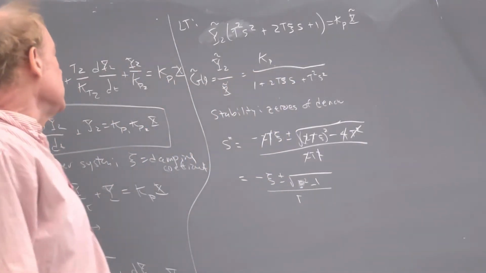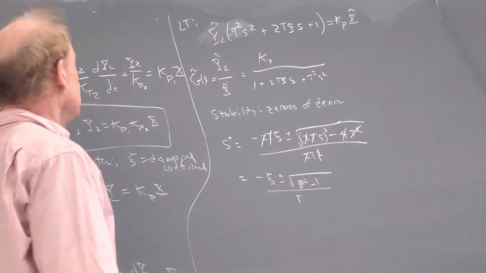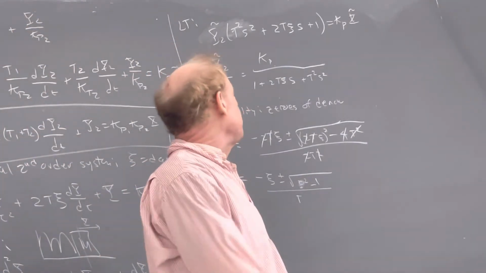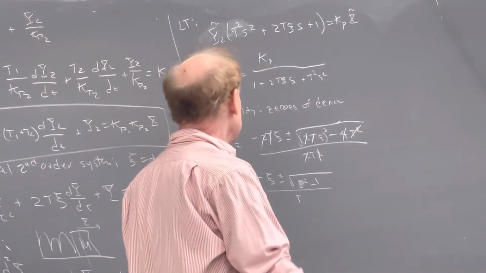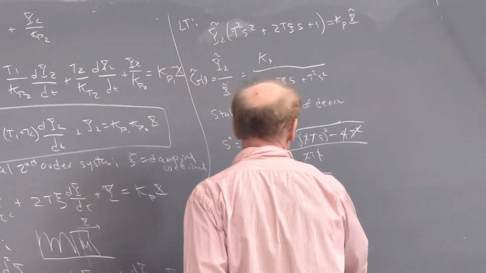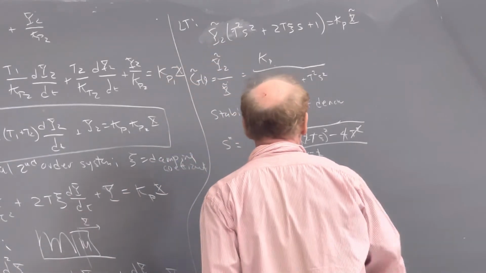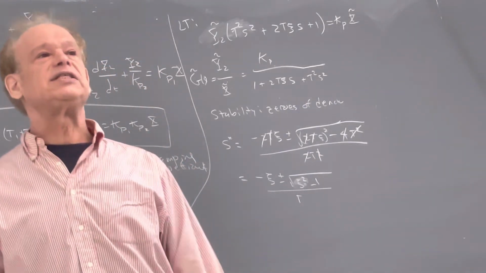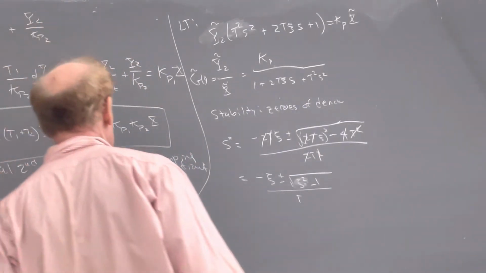So let's notice what I'm left with. Remember, if I'm interested in stability, I need to know these roots. So the first thing I can see is c squared minus 1. Then I have very different behavior for c greater than 1 and c less than 1.